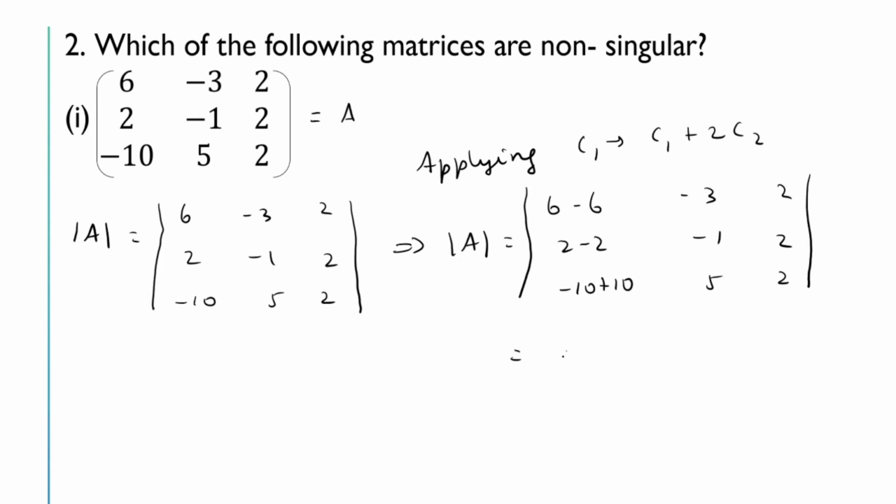So this is equal to 0, 0, 0, minus 3, minus 1, 5, 2, 2. So we have one entire column as 0, which means the value of this determinant is equal to 0. If this determinant is equal to 0, which means the matrix A is singular. Therefore, A is singular.